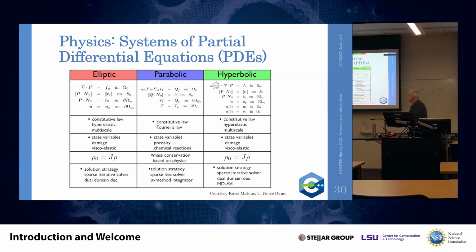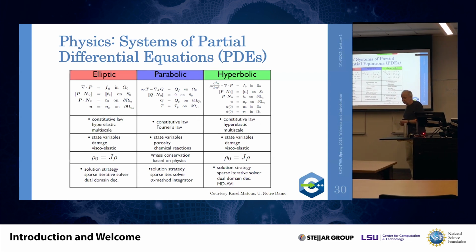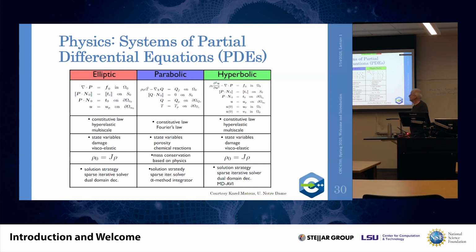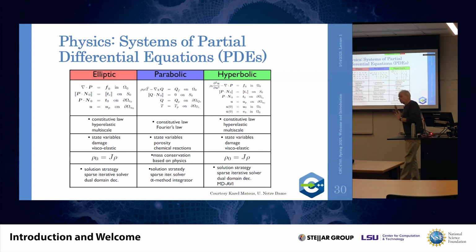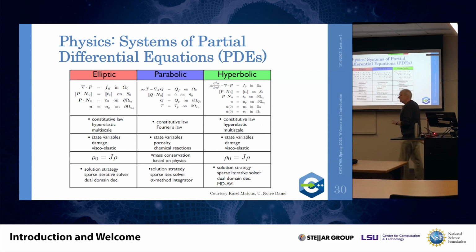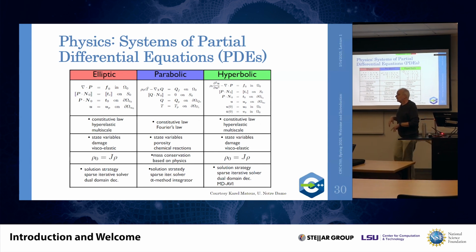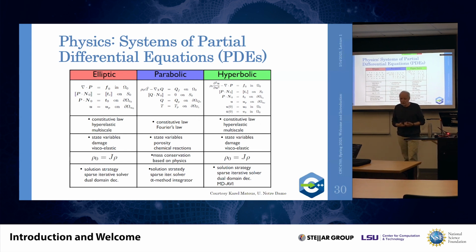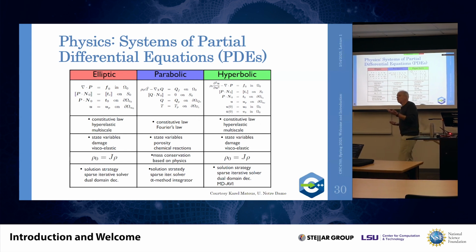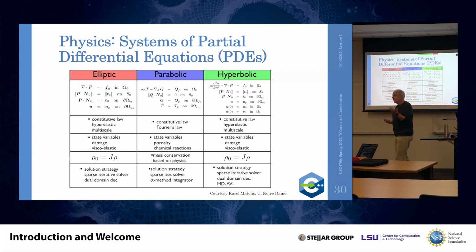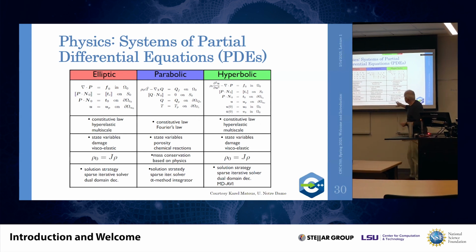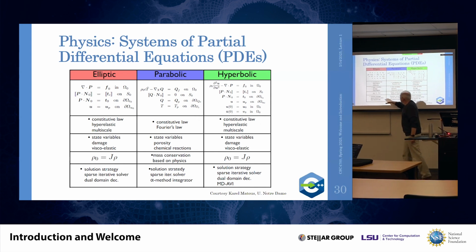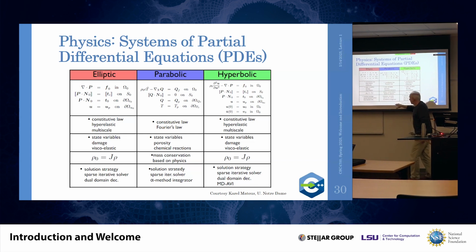As it turns out, there are 3 different types of these systems of differential equations. They are called elliptic, parabolic, and hyperbolic. I'm not going into details here, but things are not as complicated as you might think, because at least we have only 3 classes of systems of partial differential equations. That's one good thing. But if you look in the last row, you will see that all of them can be solved using sparse iterative solvers, right?